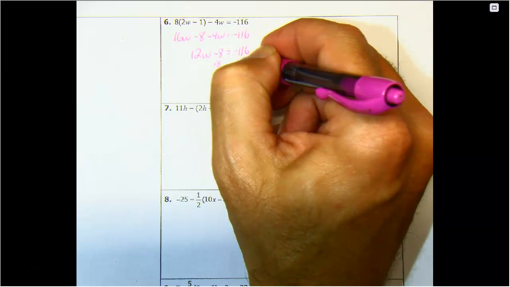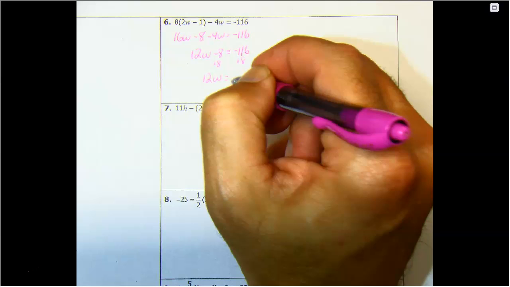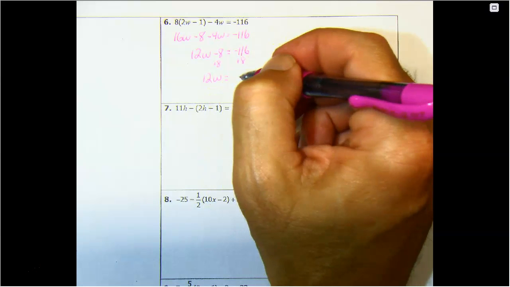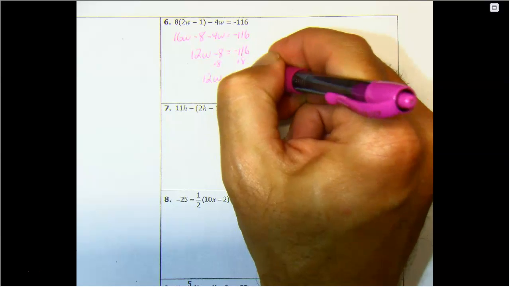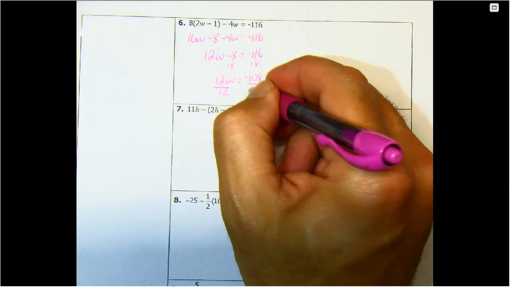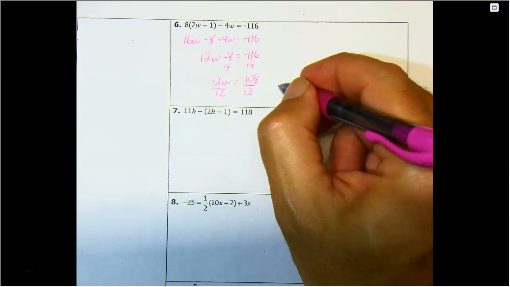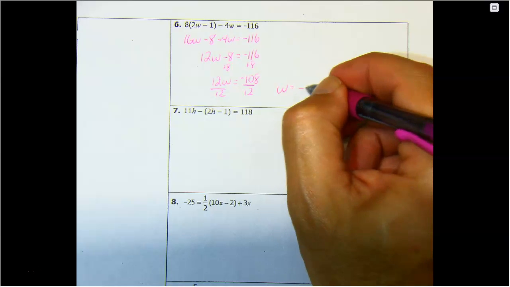We're going to add 8. So 12w is equal to negative 108. And again, all these are kind of working exactly the same. It's just that repetition that we need to get that done. 108 divided by 12 is going to be a negative 9.